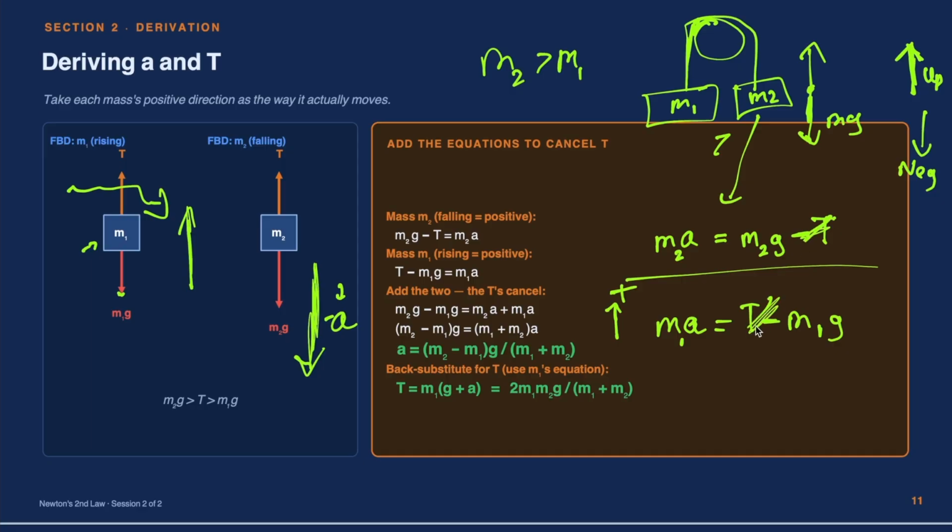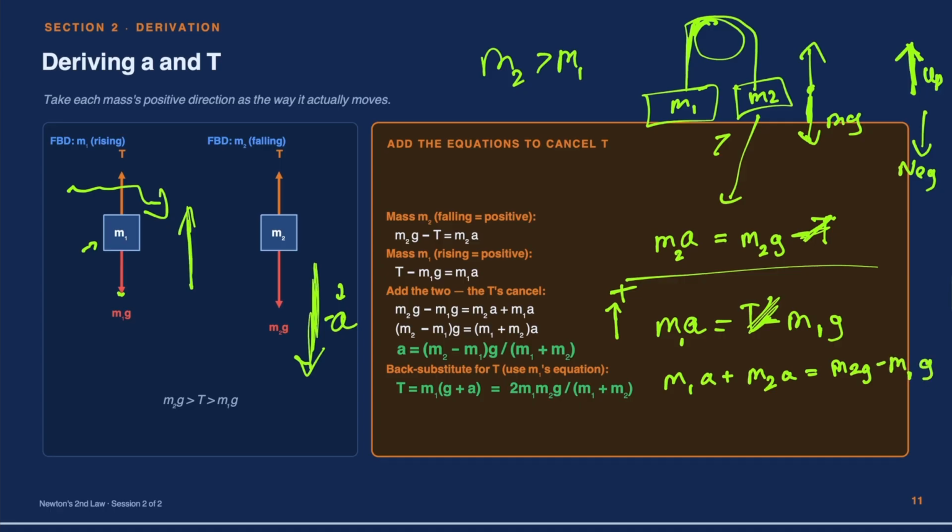Because tension is constant throughout, right? The tension on one side is going to cancel out with the tension on the other side because they're acting on different objects and they're equal in magnitude. And the rope has constant tension throughout, right? It's going to become m1a plus m2a is equal to m2g minus m1g.